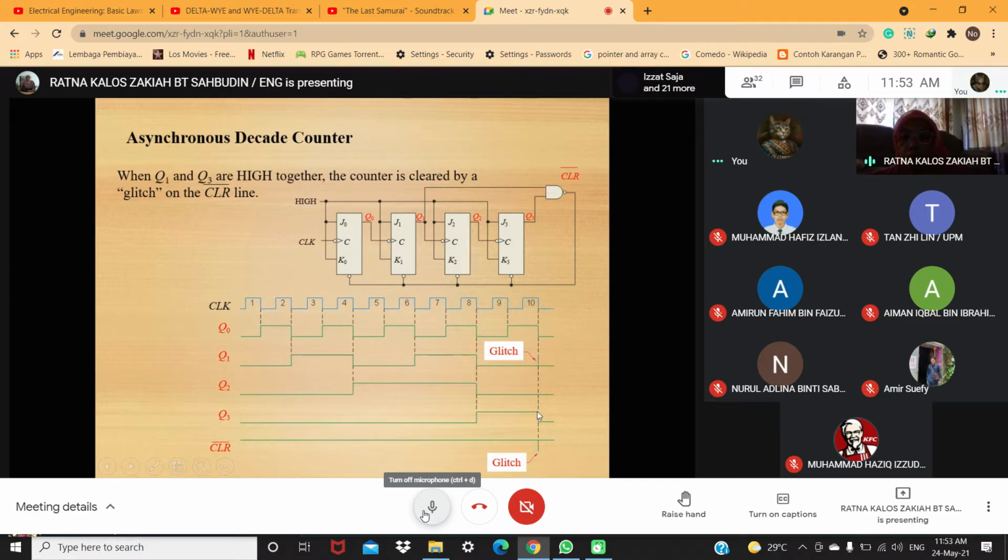Q3 also high at this point because here is low. It refers to the negative edge of Q2. So low here and then it's going to be high actually. All the way is high here, right? So meaning Q1 is high, Q3 is high. High and high is high, NAND high becomes low. So then you have low here.